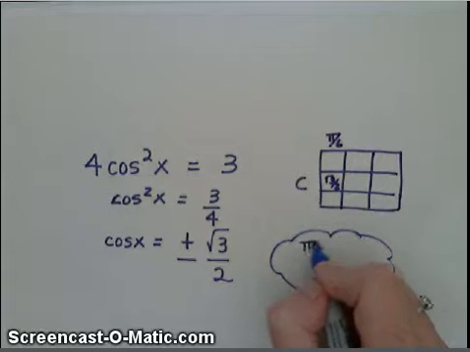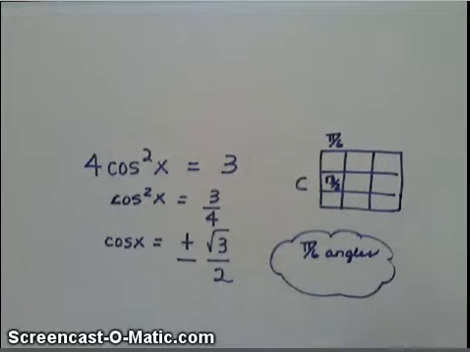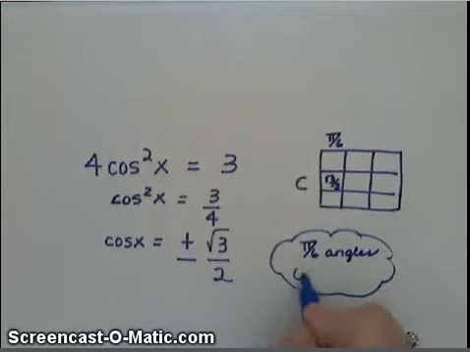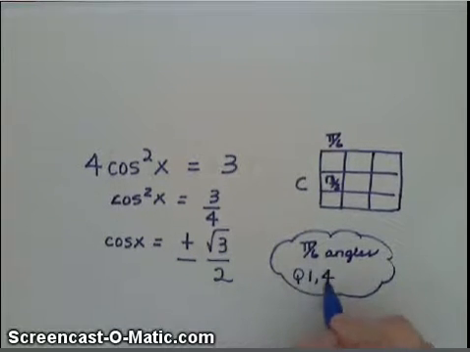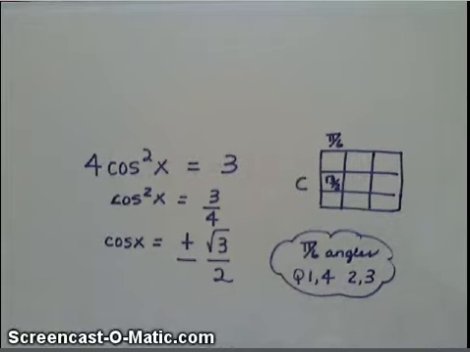I want pi over 6 angles. I want the 2 that are positive, which would be quadrant 1 and 4. But I also want the 2 that are negative, which would be 2 and 3. So basically, whenever we have one of these squared functions, we end up with all 4 quadrants. So the cosine is square root of 3 over 2 for all pi over 6 angles.